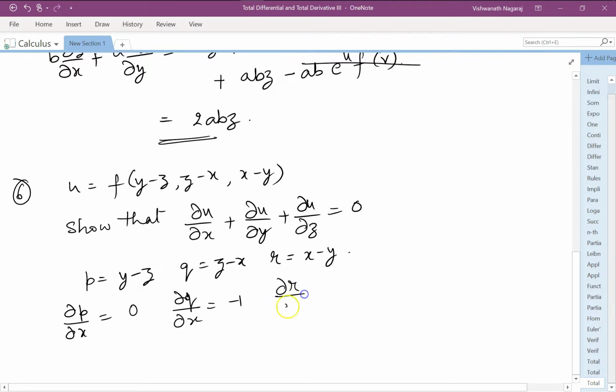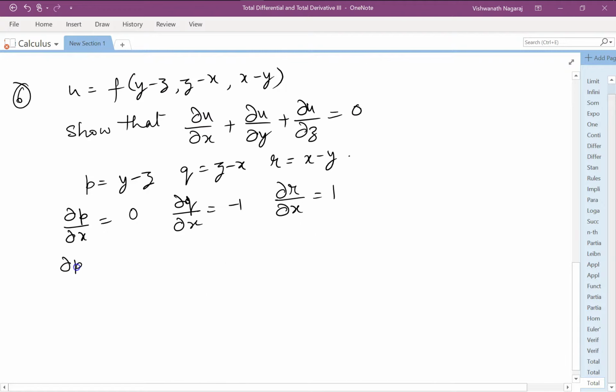Dou r by dou x equal to 1. Dou p by dou y is equal to 1. Dou q by dou y is equal to 0. Dou r by dou y is equal to minus 1.